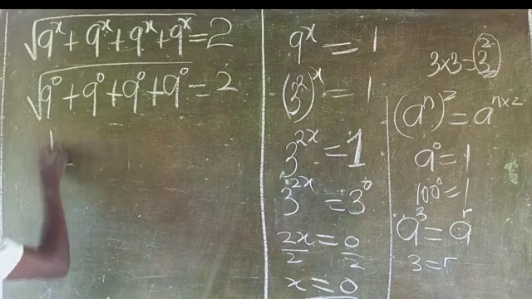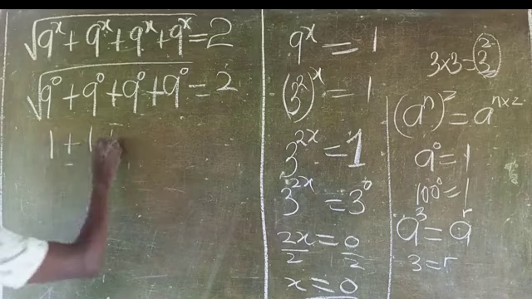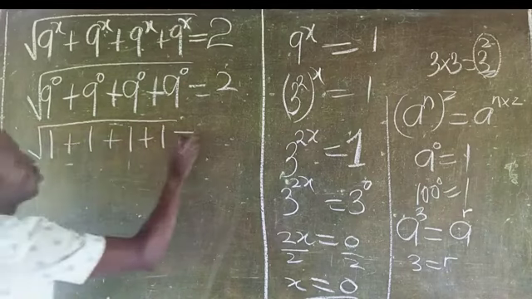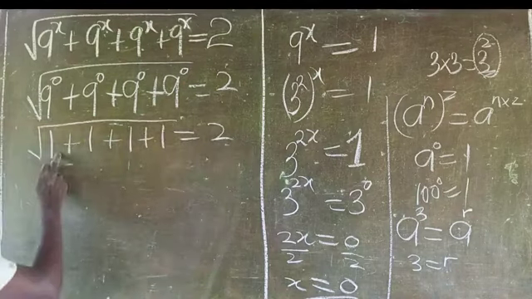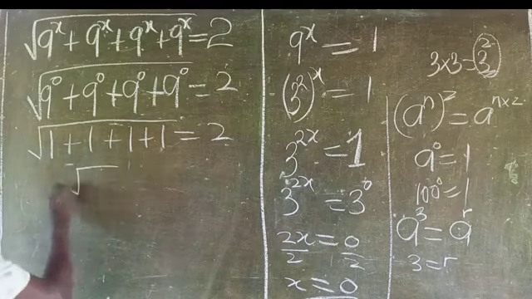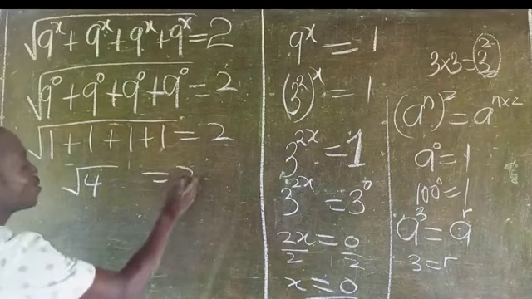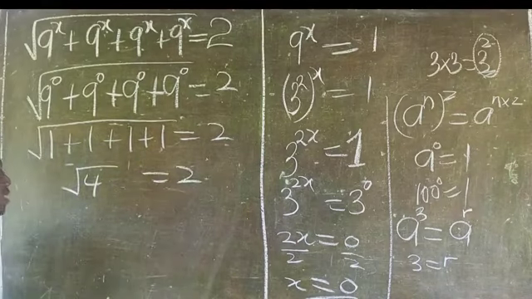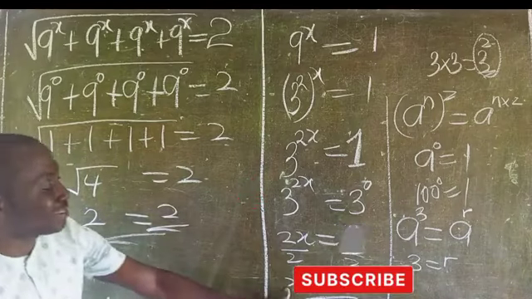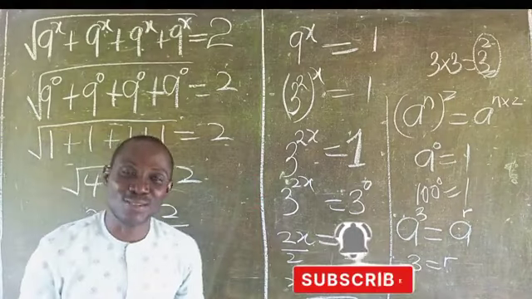So we have the square root of 1 plus 1 plus 1 plus 1, which is 4. The square root of 4 is 2, and 2 equals 2. So the value we got, x equals 0, is actually correct.